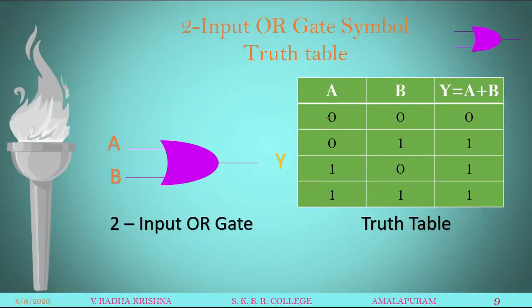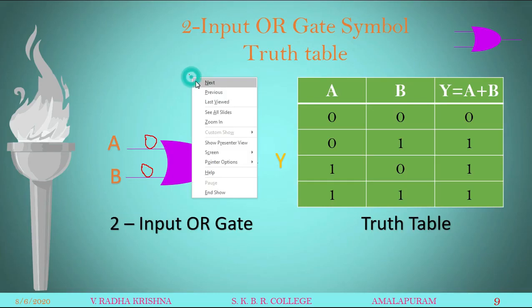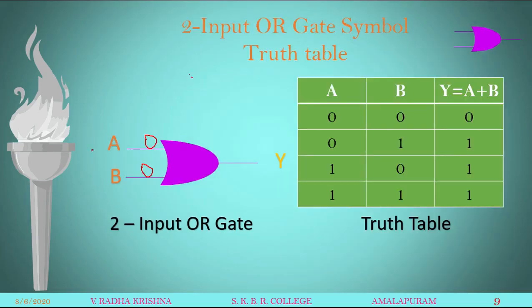First take the inputs A is equal to 0 and B is equal to 0. So output of an OR gate can be calculated by using the Boolean expression y is equal to sum of the inputs, that is equal to 0 plus 0. So 0 plus 0 is equal to 0.